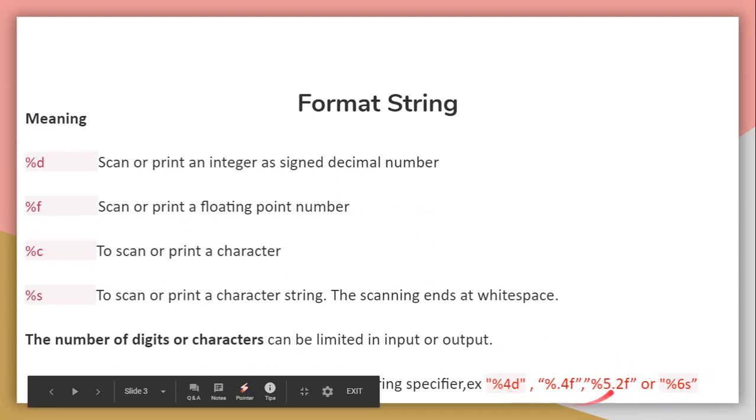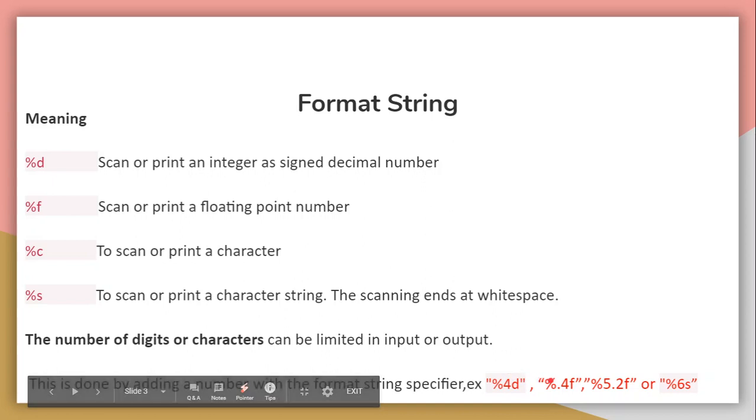When you say %4d, it means this integer can have 4 digits, for example 9999. So a 4 digit number can be scanned or printed using %4d. If you are sure about the size of the value, we can use this number of digits. This is the formatting.